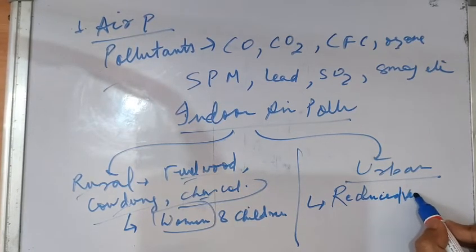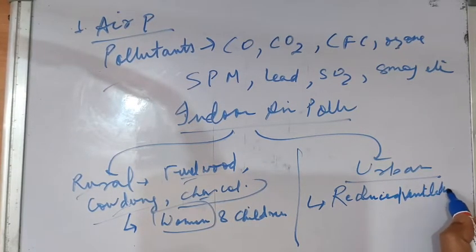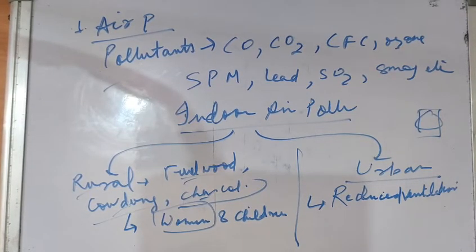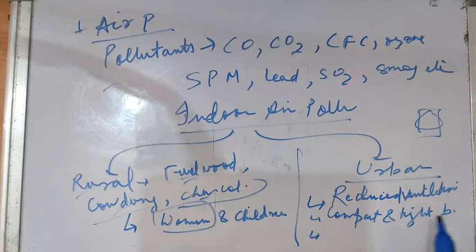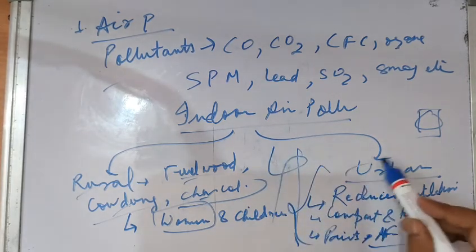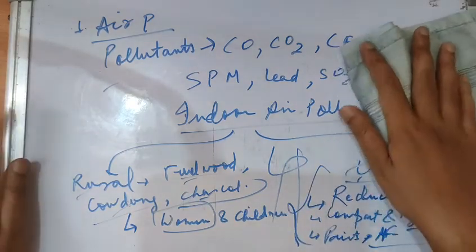Reduced ventilation in buildings: buildings are made in just short spaces, compact and tight, with no ventilation. Chemicals produced for household care, all the paints, furniture making, many types of chemicals are used. So these cause indoor air pollution in urban and rural areas.